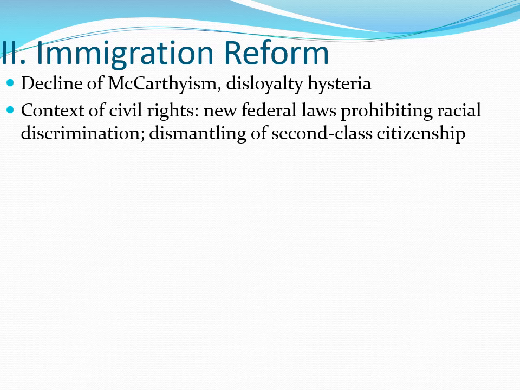Another key factor: civil rights. In the 1960s, African Americans, Native Americans, Latinos, and Asian Americans are protesting, are in the streets demanding equality and opportunity. Major landmark legislation has passed: the Civil Rights Act of 1964 and the Voting Rights Act of 1965, which opened opportunities to racial minorities.